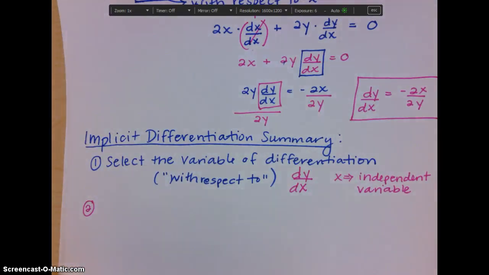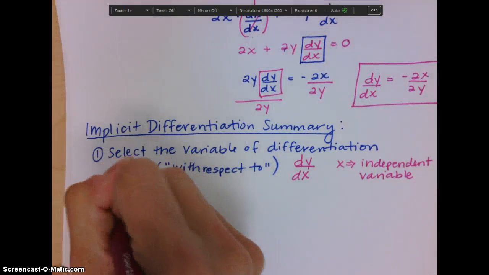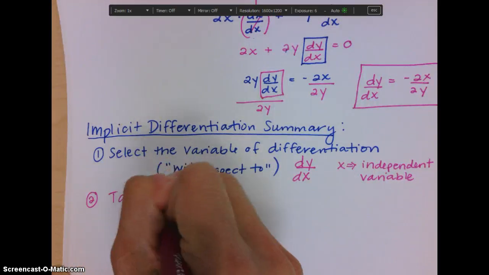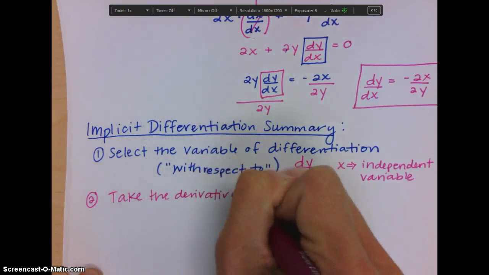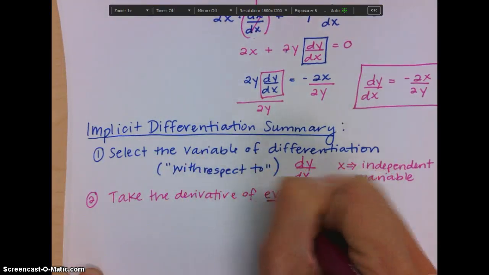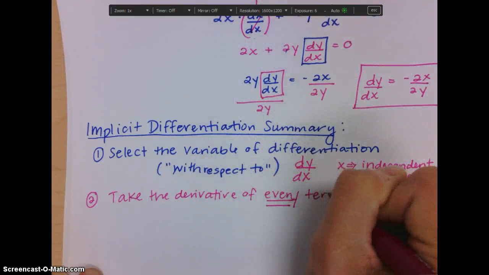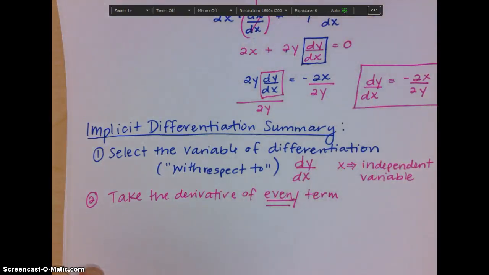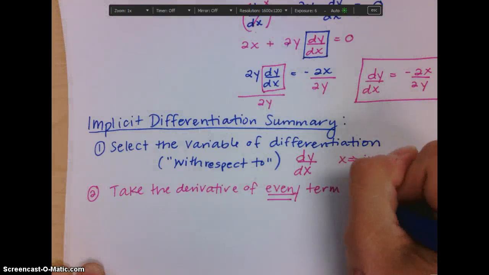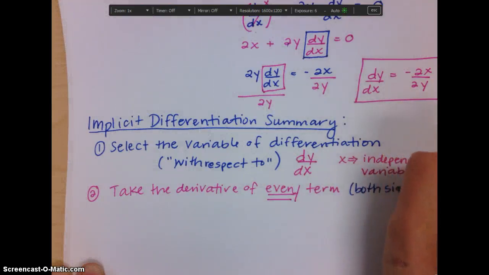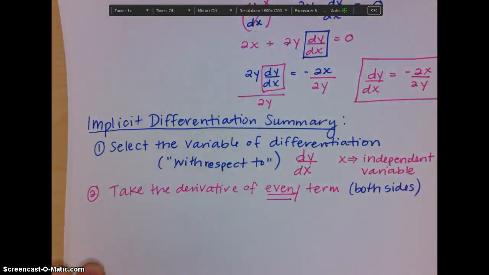Alright, the next step after that is going to be to take the derivative of every term. And I highlight the every piece because you do need to do it to both sides of the equation. Alright, and so you'll have to use chain rules and quotient rules and product rules and power rules and all the different rules that you have learned in the past.